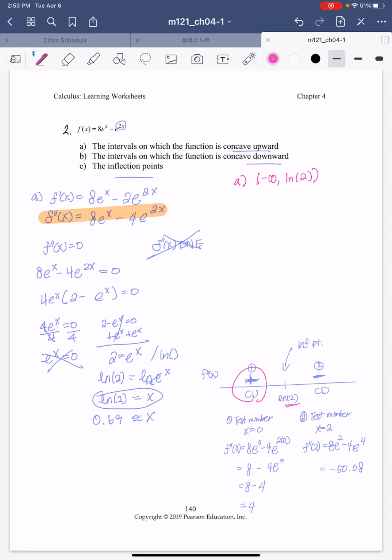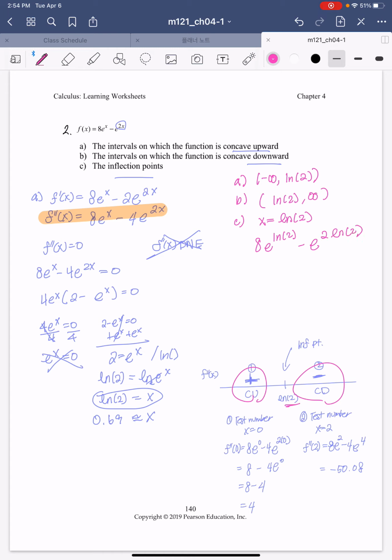Concave down, I have this part, ln 2 all the way up to infinity. Inflection point is happening when x is ln of 2. So to get the ordered pair, I would plug it into the original equation. So 8 e to the ln 2 minus e to the 2 times ln 2.